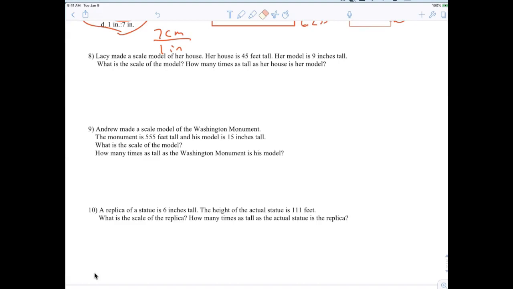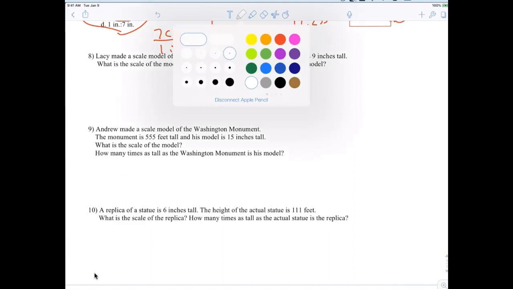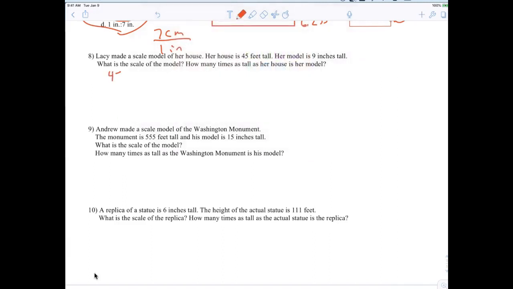I think they want you to put 45 feet over 9 inches, right? 45 feet to 9 inches. And so the scale is actually what? 5 feet to 1 inch.